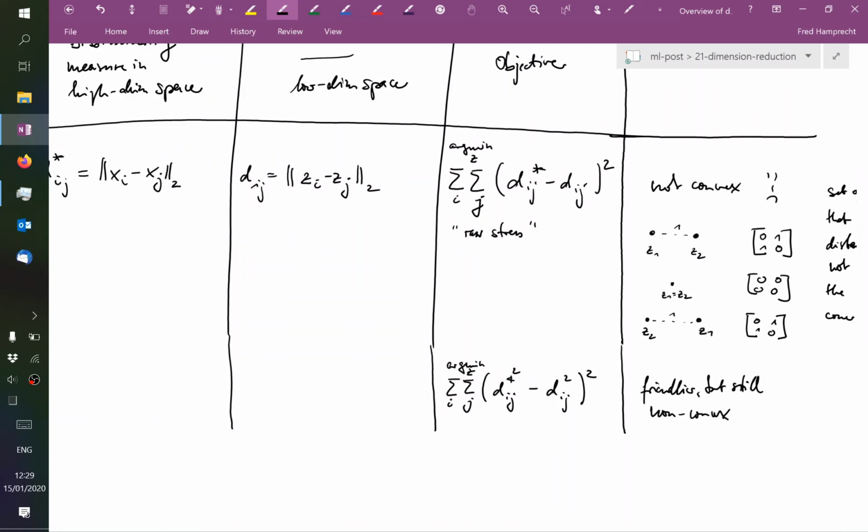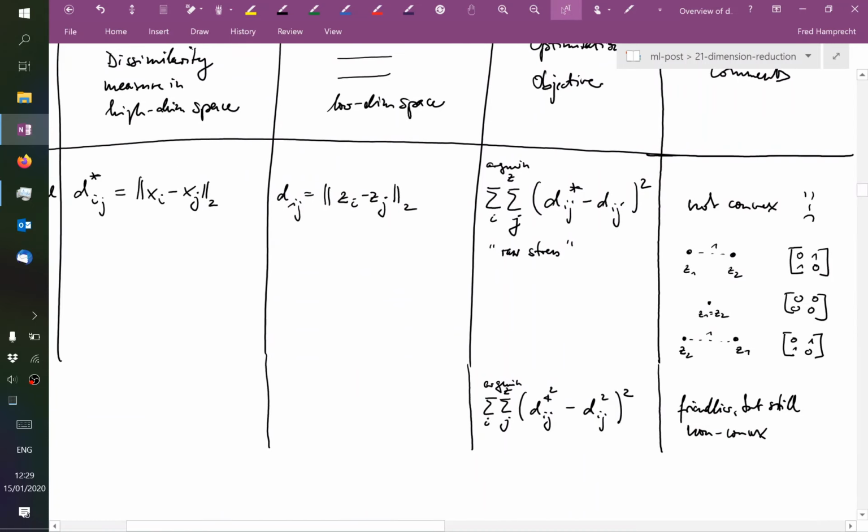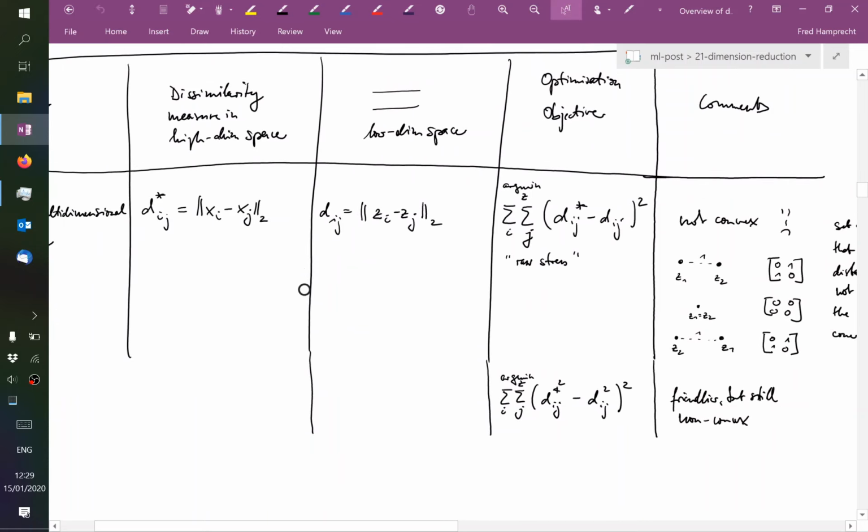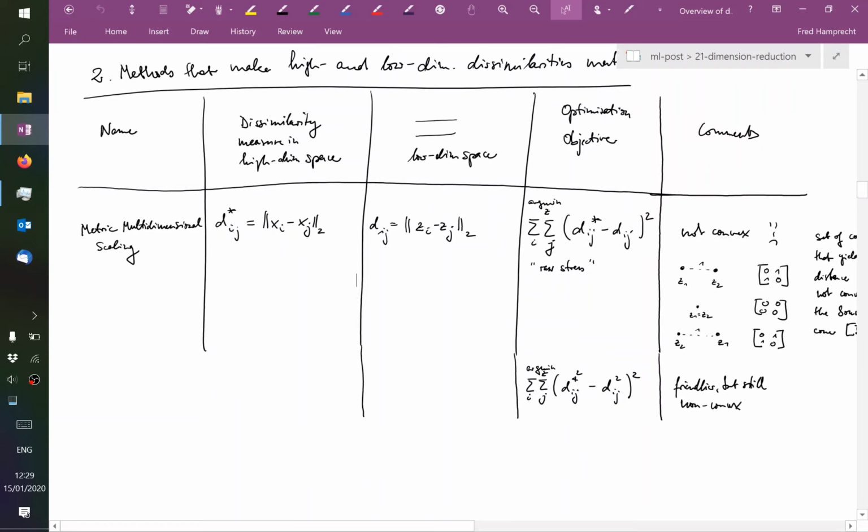And why is it friendlier? Because here, when we compute the distance, we have this square root involved that usually makes things extra hard. All right, and this objective here is sometimes called the S stress.